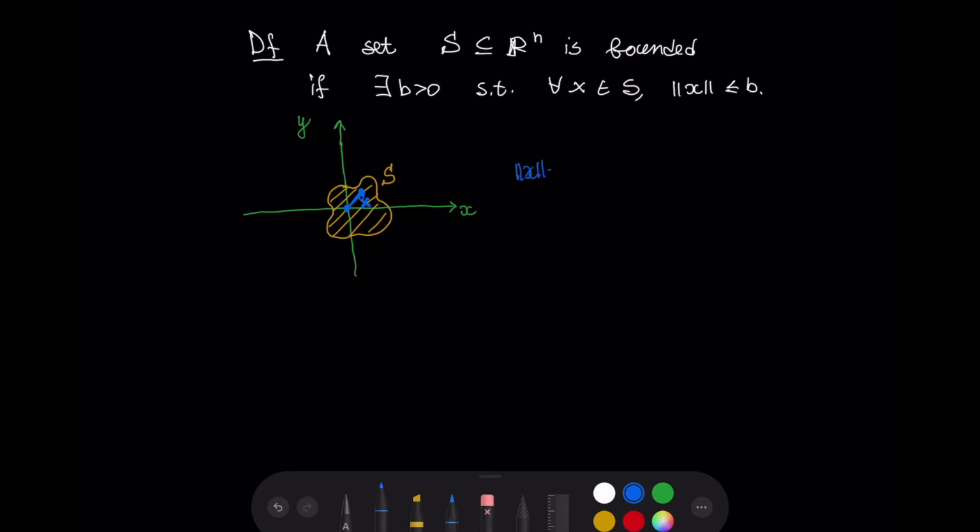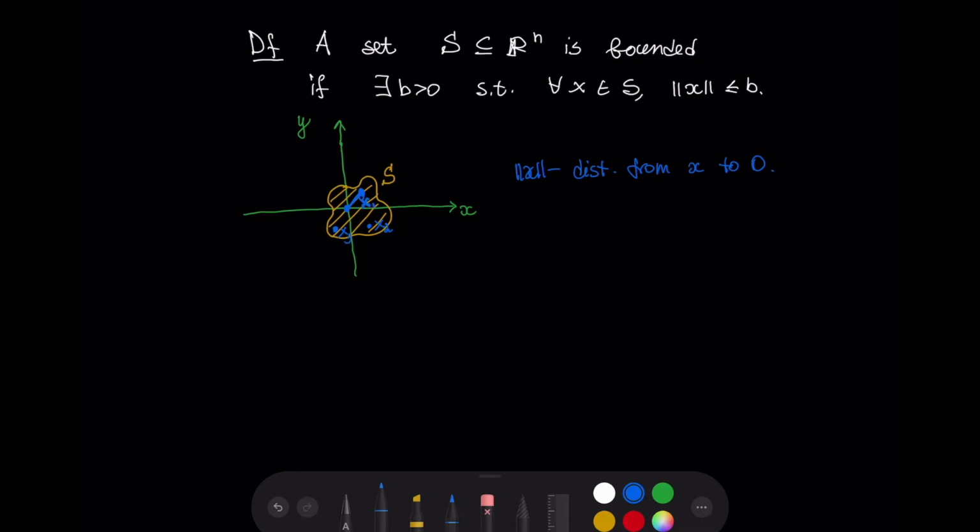So the norm of X is the distance from X to 0. And I would like to convince you that it doesn't matter which X I take inside of the set S. I can denote this as x1, this is x2, and this is x3.